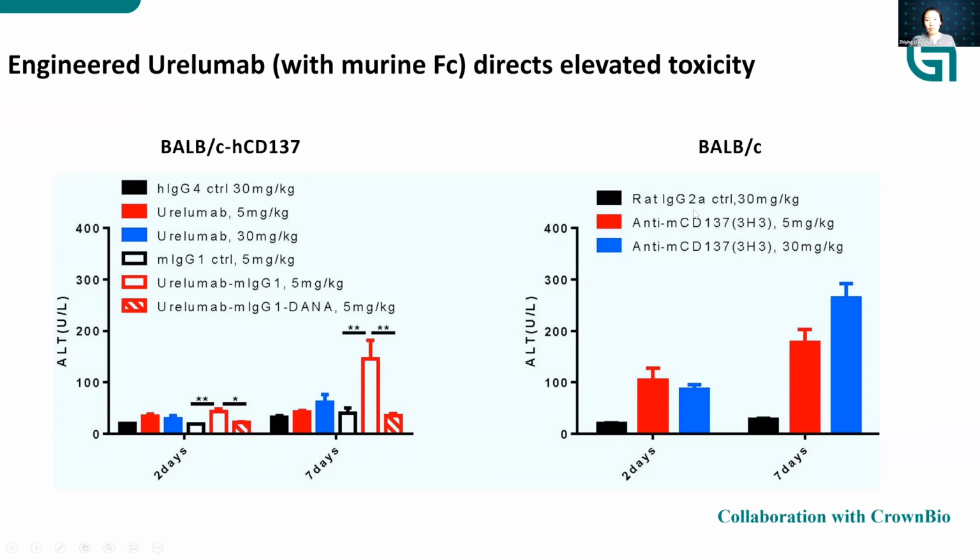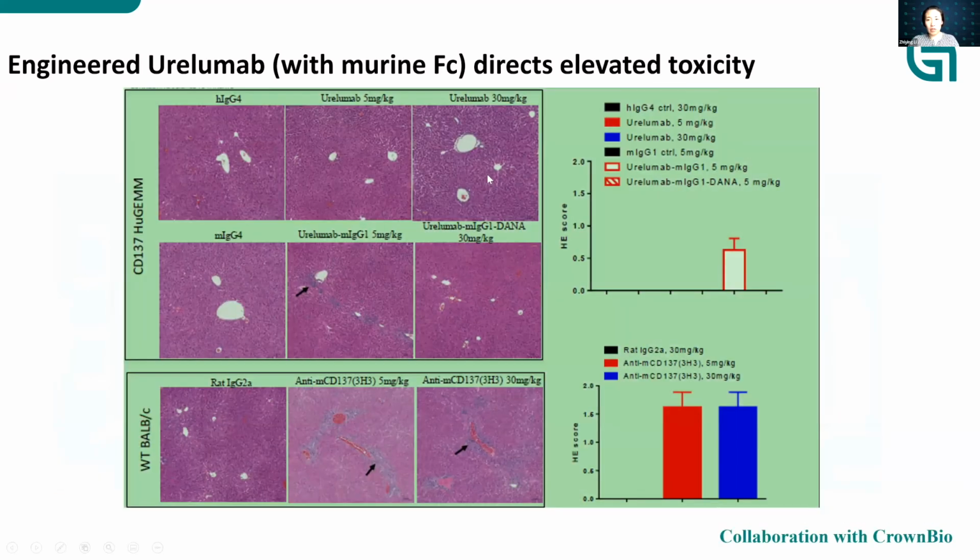And then, if we have the engineered antibody, the anti-mouse 137 as a surrogate to the 3H3, even in the wild type animal, they are able to show an obvious liver toxic effect. And finally, this is just to show the adverse effect as shown by the ALT. This is by morphology, the liver tissue morphology.